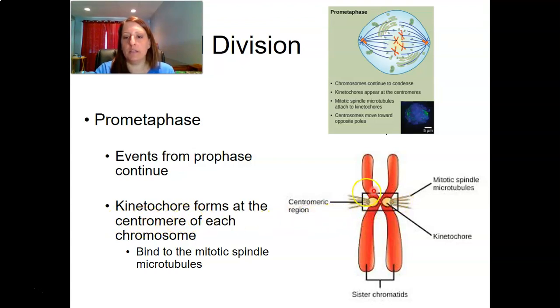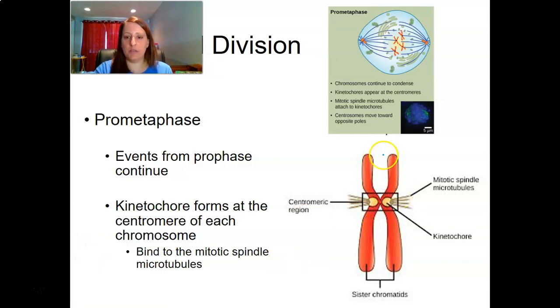Okay, so right here is the kinetochore. And these proteins are going to allow the mitotic spindle microtubules to attach. Okay, and the spindles are going to attach on both sides. So here, there are spindles attaching to this side of the kinetochore, and the same thing is going to happen over here.